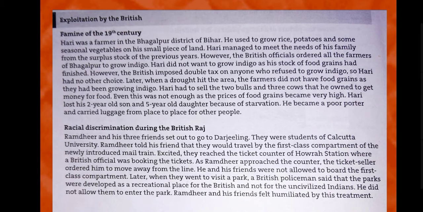Exploitation by the British, famine of 19th century. Hari was a farmer in Bhagalpur district of Bihar. He used to grow rice, potatoes, and some seasonal vegetables on his small piece of land. Hari managed to meet the needs of his family from the surplus stock of the previous years.